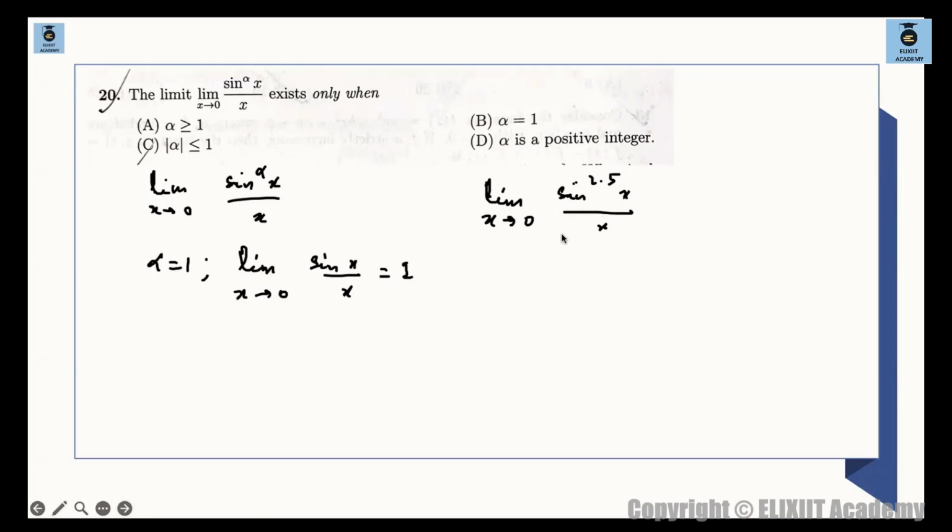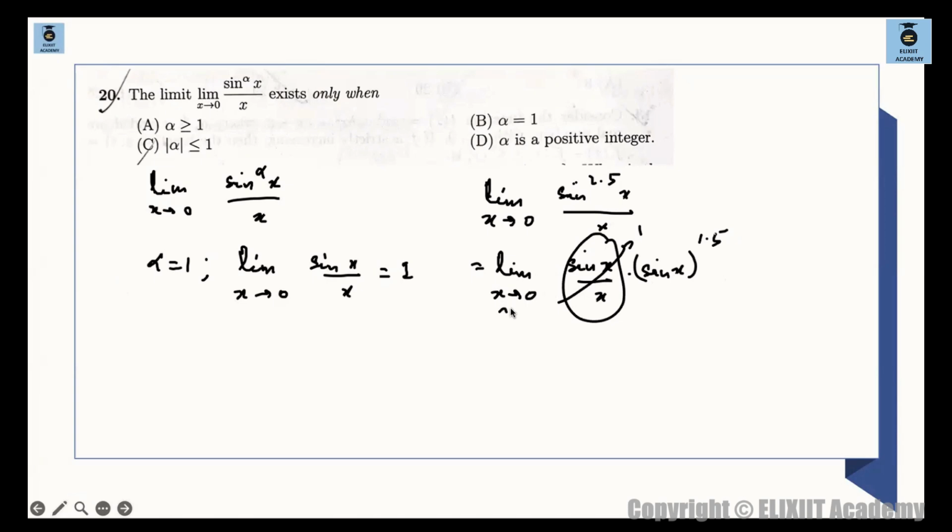How do you know this thing? So one thing you can do is basically you can write this as limit x tending to 0, sin x upon x, then multiplied by sin x whole to the power of 1.5. We can do this thing. Why do we do this thing? Because sin x upon x will tend to 1.